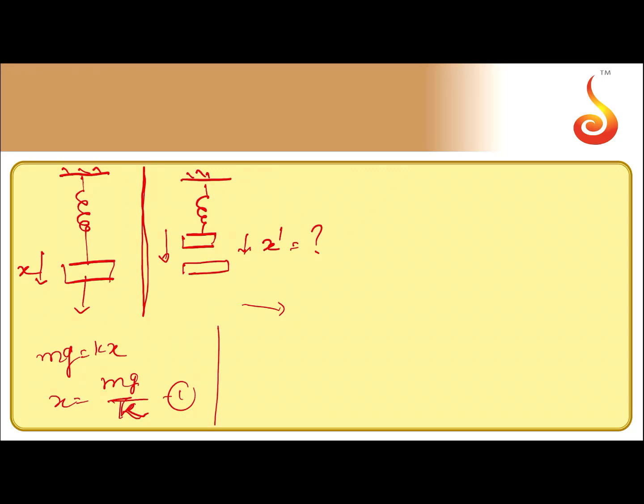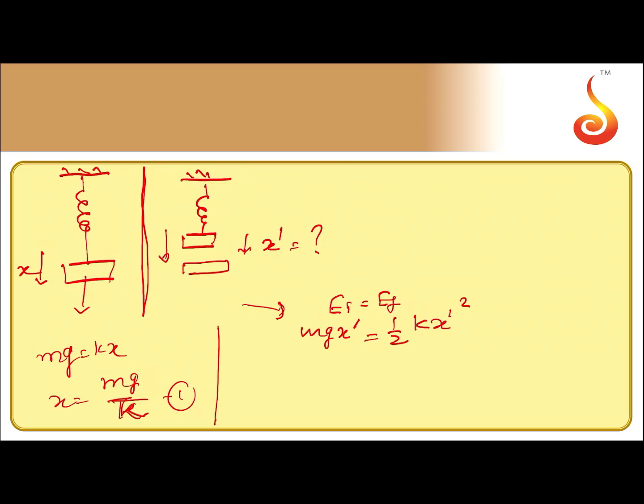Whereas for this configuration, I'll say initial energy is equal to final energy. Initial energy, what is initial energy? It is mg x dash. That's right. So what do I have? This is equal to half k x dash square.